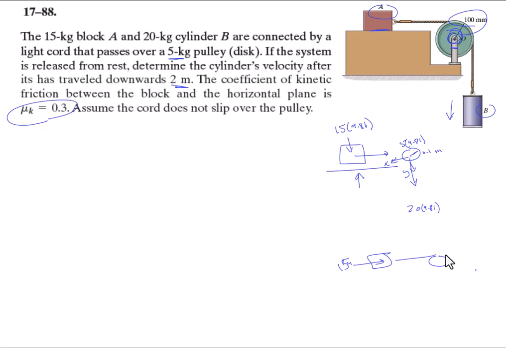This goes around the pulley, which has an angular acceleration of 10a, because alpha is a over r, and this is a over 0.1, so this is 10a. The radius is 0.1 meters, and you have the mass of block B, which is 20 times a.